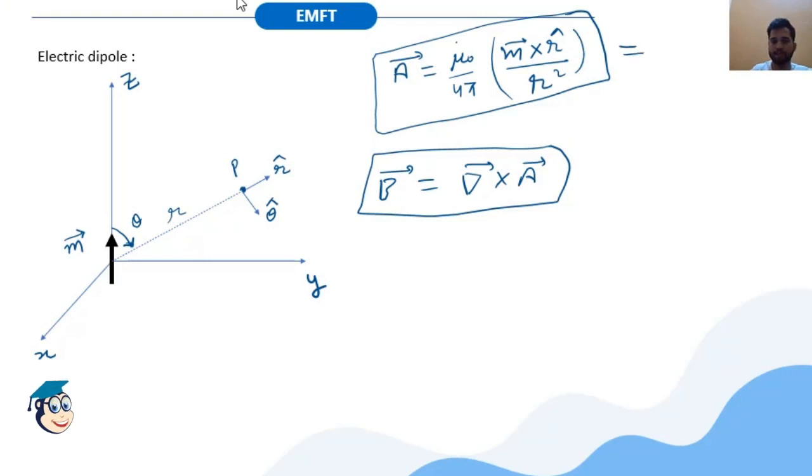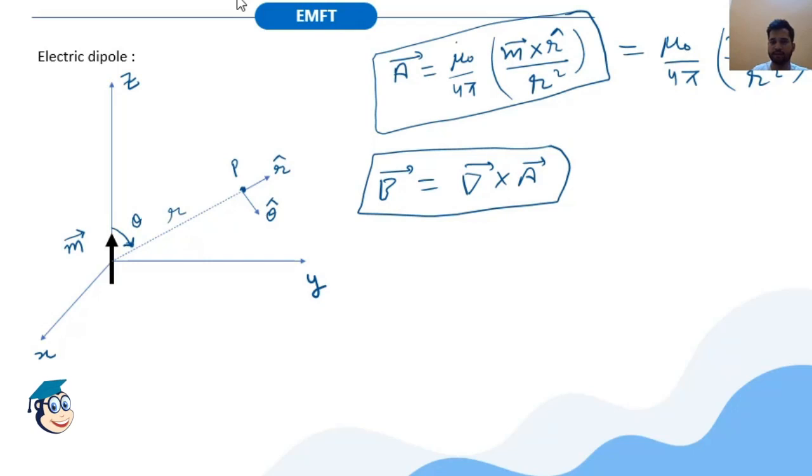So this can be written as mu naught over 4 pi, m cross r can be written as m sin theta over r square. I'm not writing any n cap because let's say this is just the magnitude.